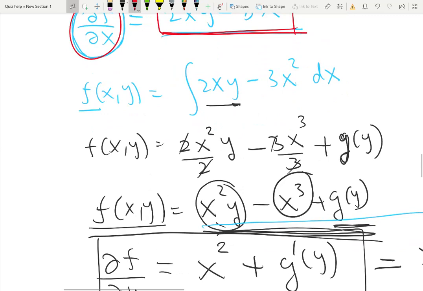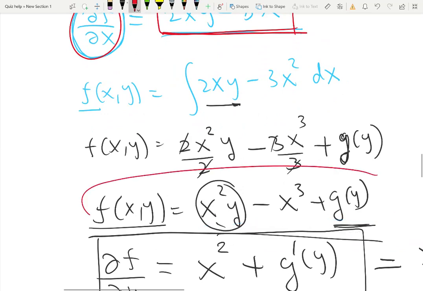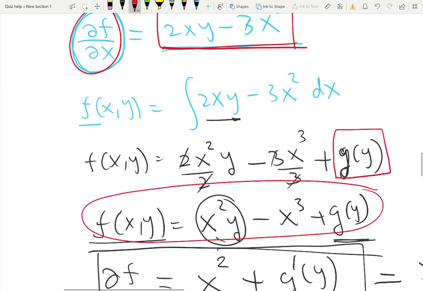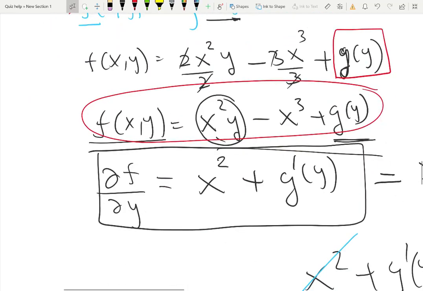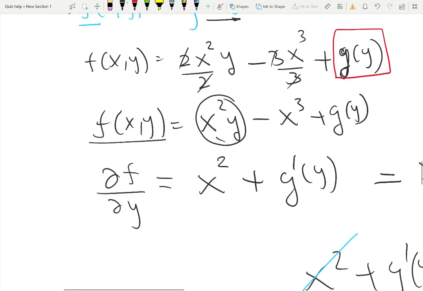I got f to be this particular function, but the arbitrary constant, that plus c, is a function of y, because we have taken partial derivatives here. We did partial integration with respect to x, which means you treat y as a constant, so that plus c is actually a function of y. So we already know f, but only half, because our constant is an unknown function g. So we have to find that g.